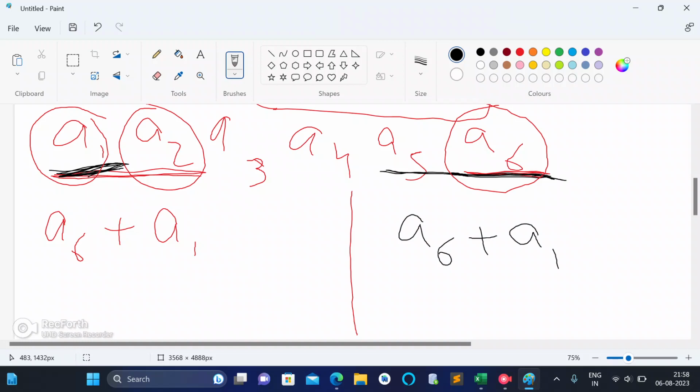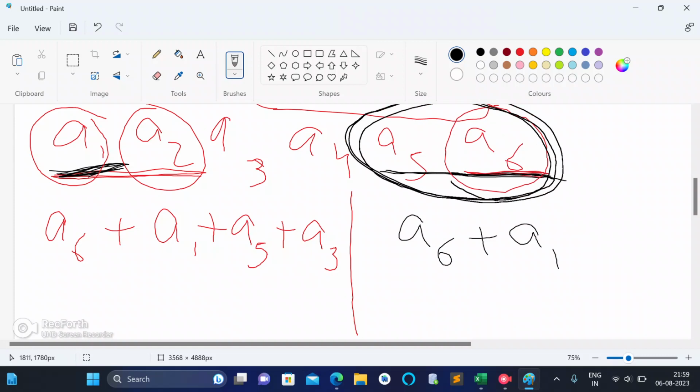To the second friend, let's say I decided to give A5 and A3. So A5 is the maximum value, A3 would be the minimum value, so it will contribute A5 plus A3 to my answer.